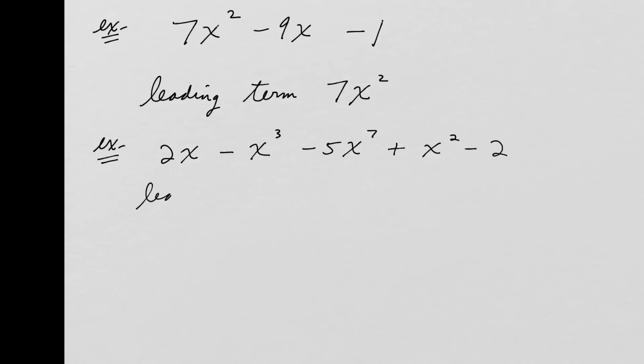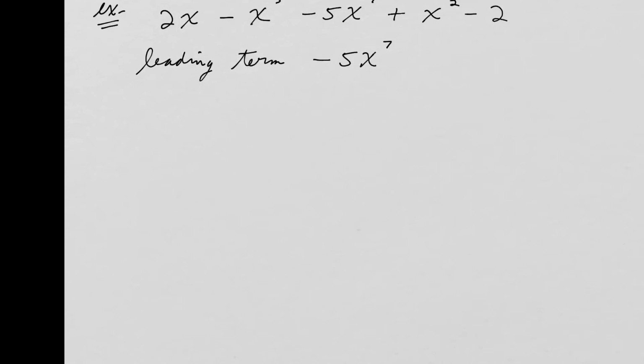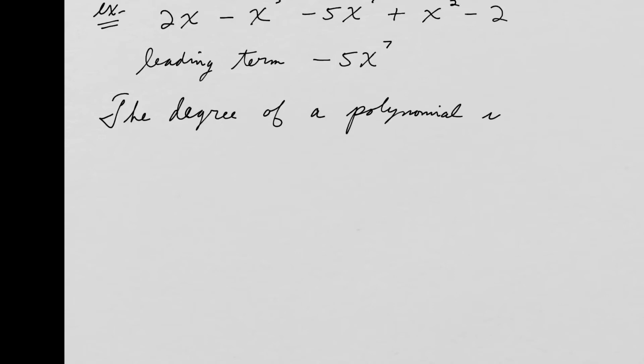So the leading term in this case would be negative 5x to the 7th. Okay, so then how do I find the degree of a polynomial? Well, the degree of a polynomial in general is just the degree of its leading term.